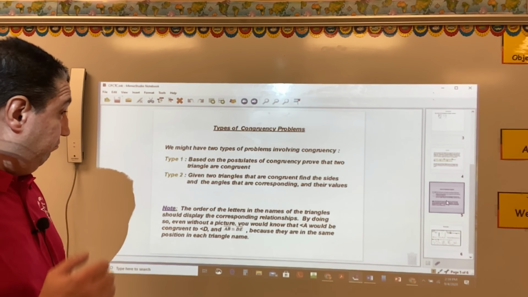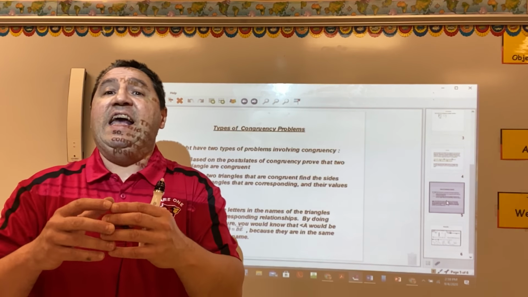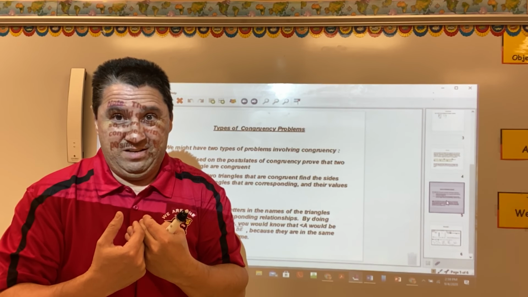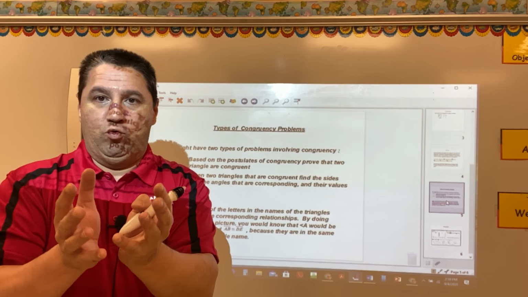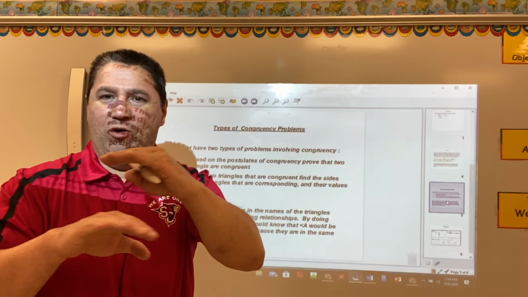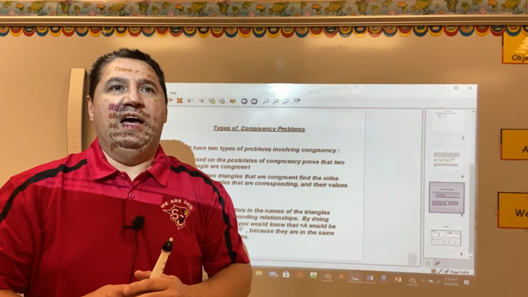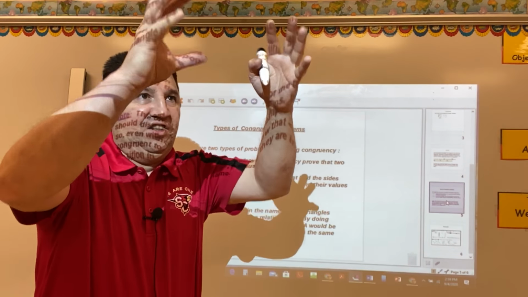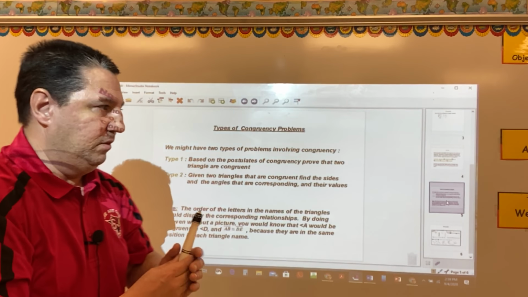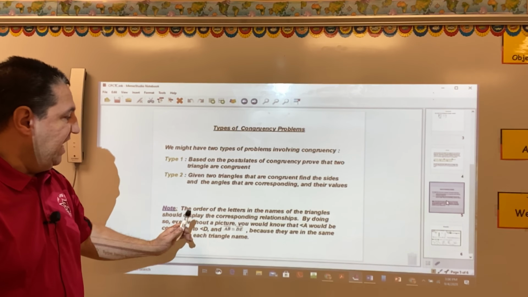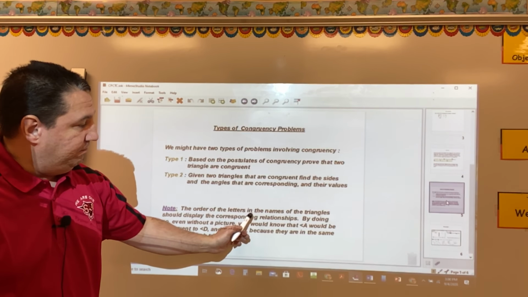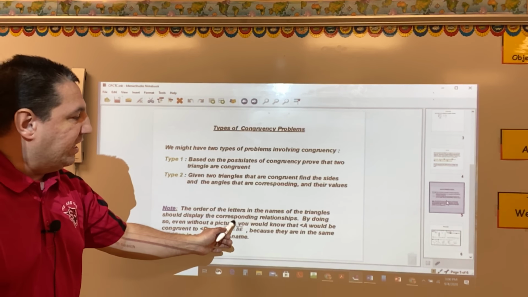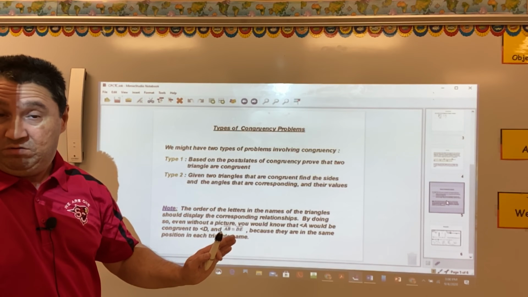Now, how do we identify the corresponding parts? I will give you a rule that works all the time, even if you don't have a picture or diagram of the triangles. The rule is: the order of the letters in the names of the triangles should display the corresponding relationships.